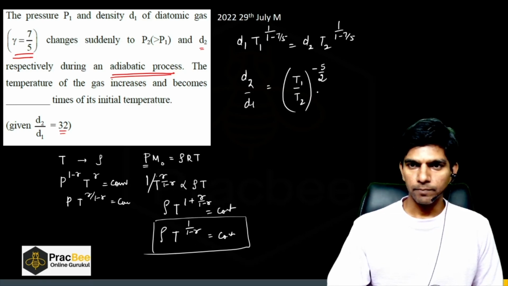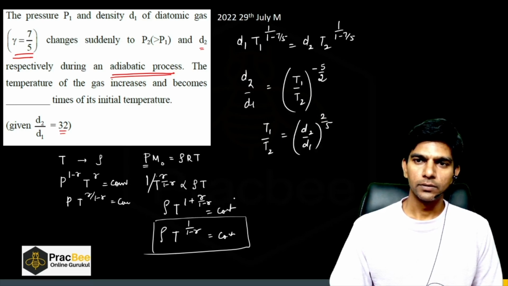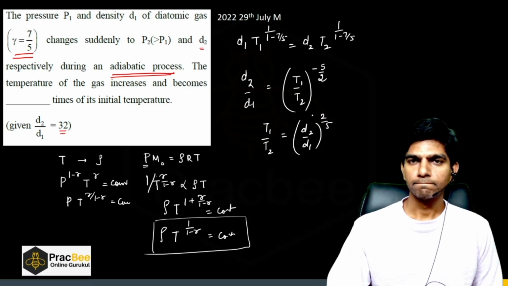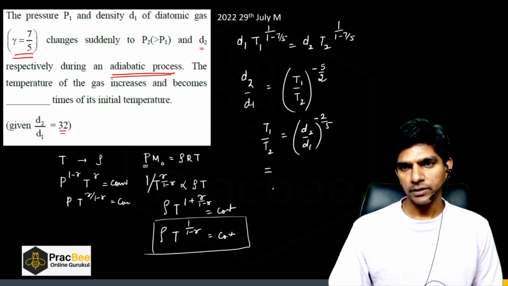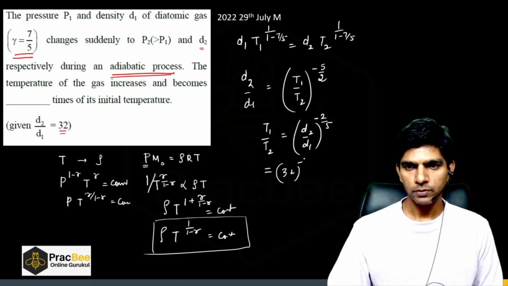So we can write T1 by T2 as D2 by D1 raised to power 2 by 5, with a negative sign, is it clear? So D2 by D1 is 32, raised to power minus 2 by 5.